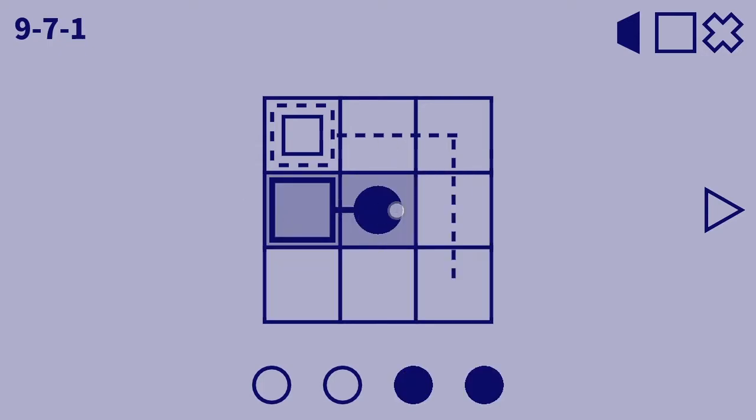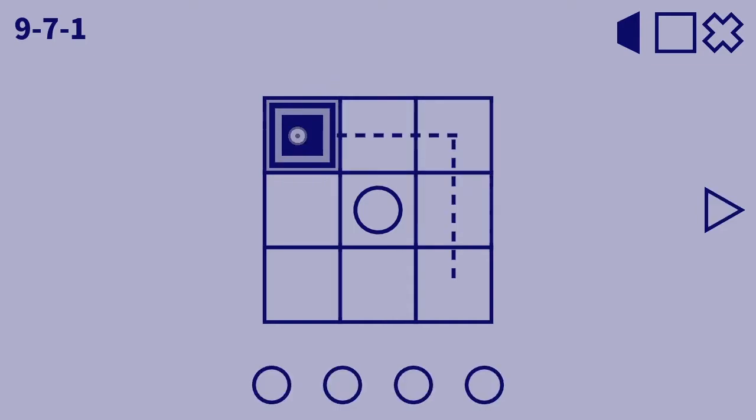So one of these is don't go through circles. Second one: go through squares, don't go through circles. Okay. 4th one is not there. 4th one is there. So 4th one's got something to do with the corners.